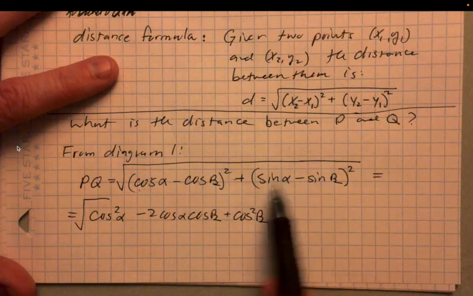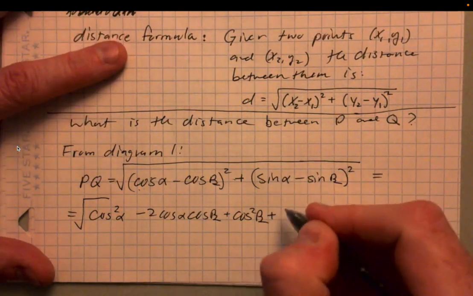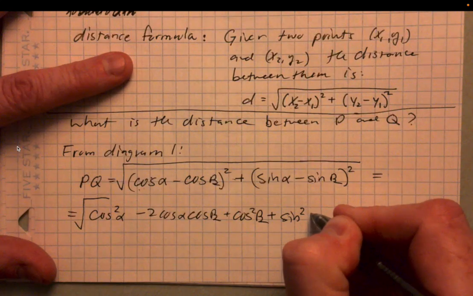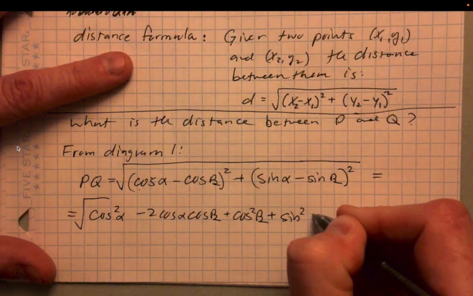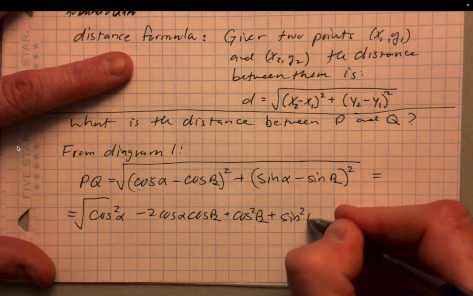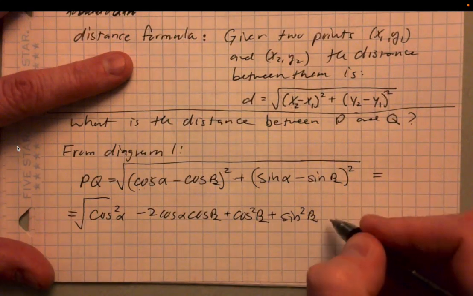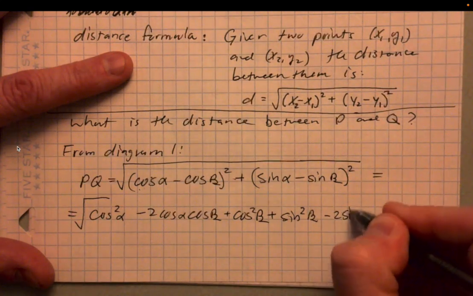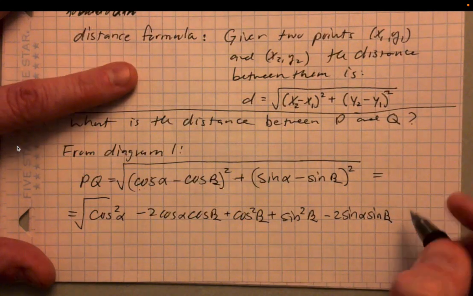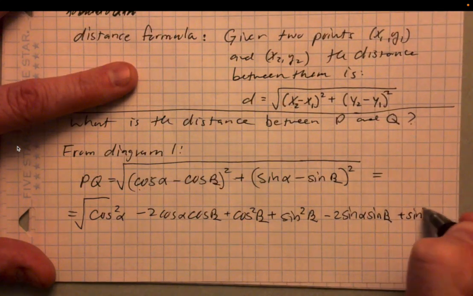I'm going to do the same thing over here with the sine. And so plus sine squared alpha minus 2 sine alpha sine beta plus sine squared beta.